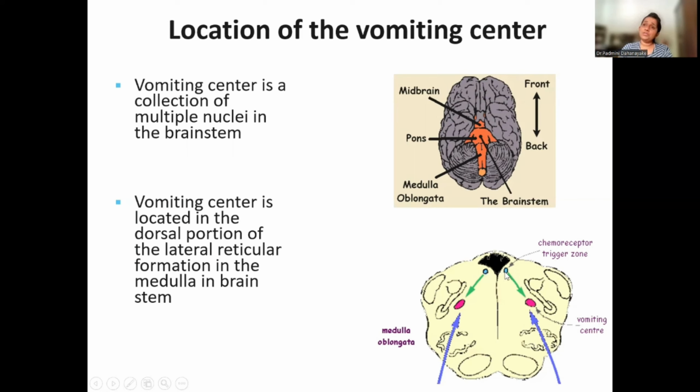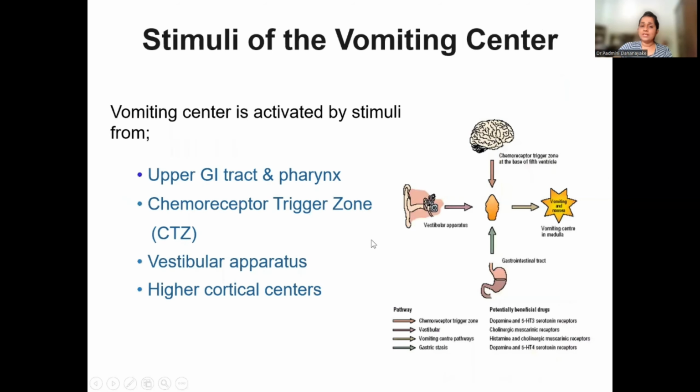I told you another sensory organ related to vomiting is the chemoreceptor trigger zone. Here also you can see the vomiting center being stimulated by the chemoreceptor trigger zone. Now we have marked the vomiting center here in a red circle, so you can clearly see that.